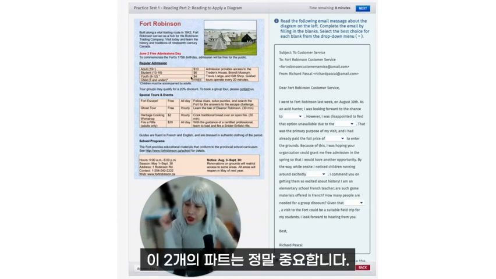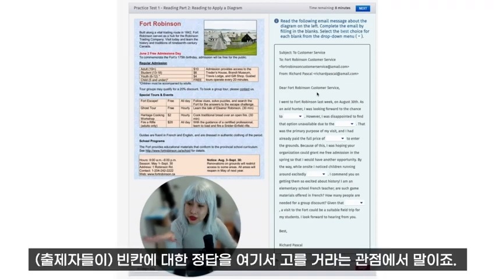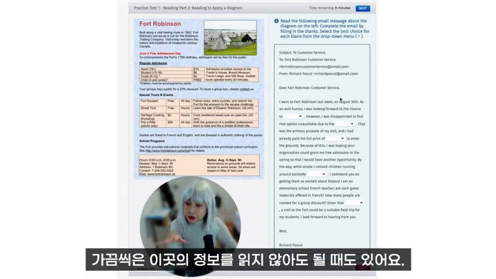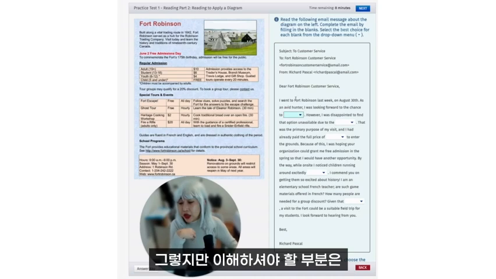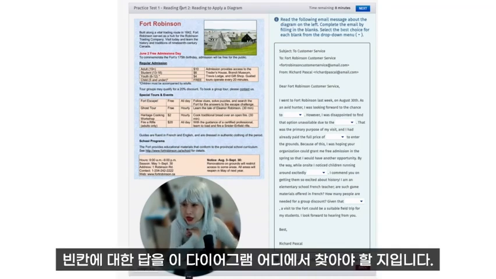Both parts are quite important in the sense that they are going to be used for picking the right answer in the blank. Sometimes you don't even need to read the information in there, but you need to understand where you need to look in the diagram to guess what the right answer for the blank area is.